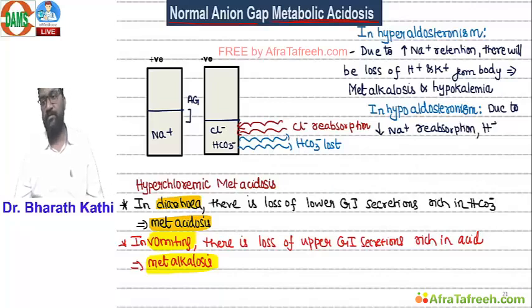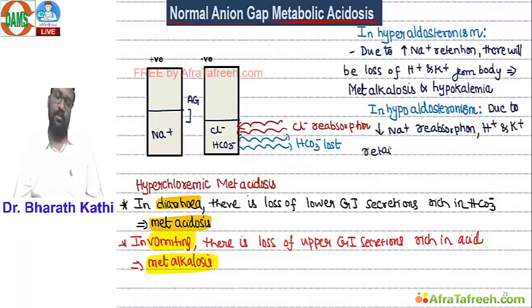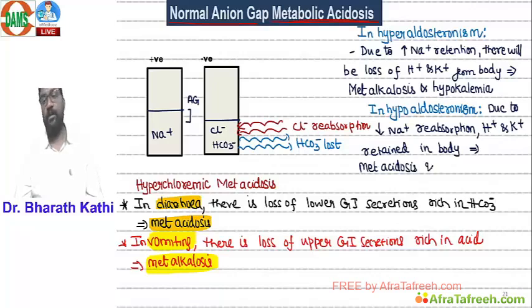H plus and K plus are retained in the body. That results in metabolic acidosis and hyperkalemia.